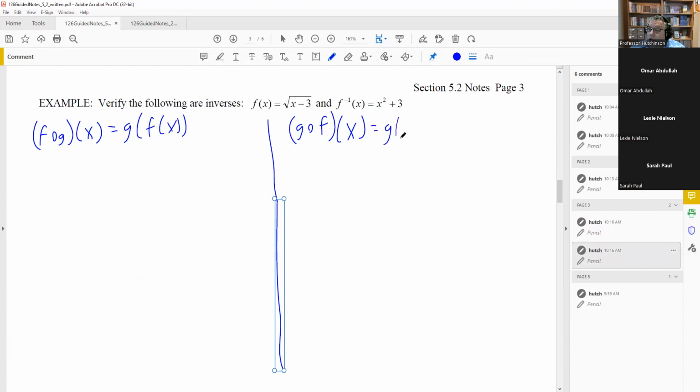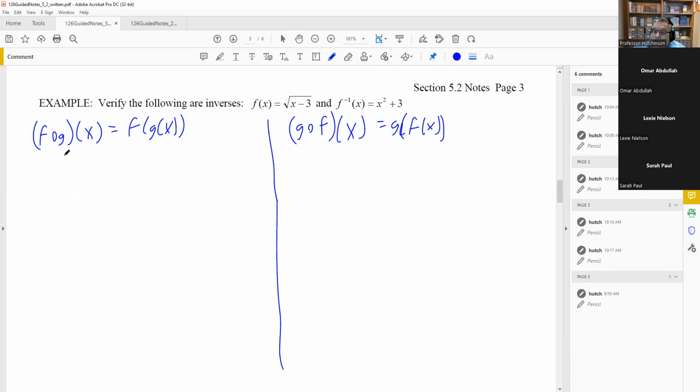Oops, I did the wrong one here. Let's switch that. The first one was f of g of x, sorry about that. And this is g of f of x. Okay, so that's the two definitions that you want to know.